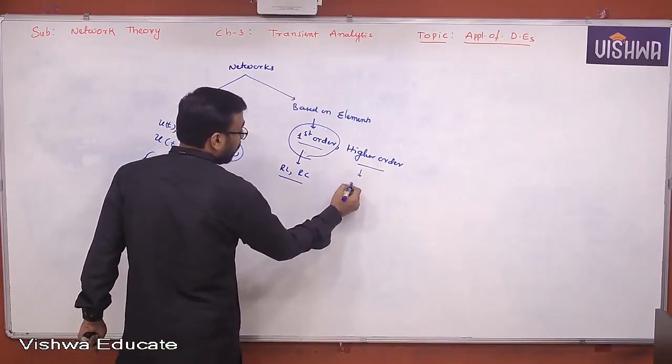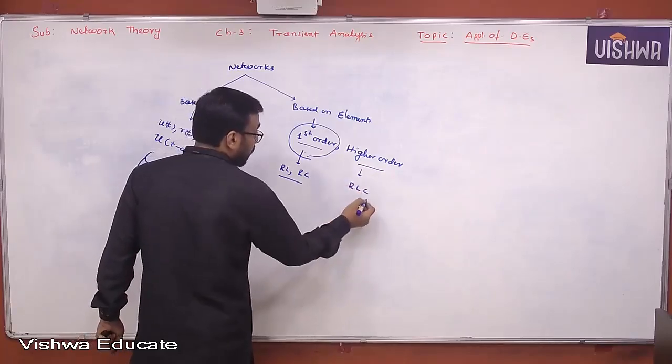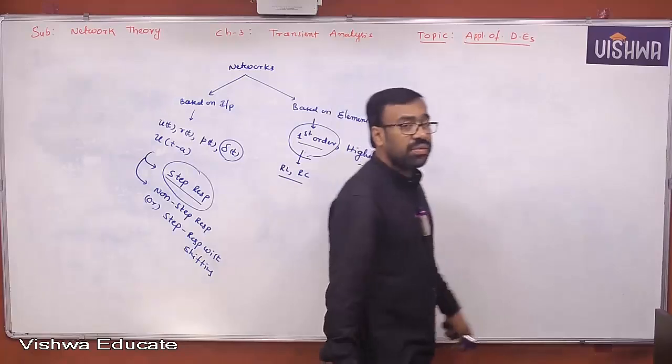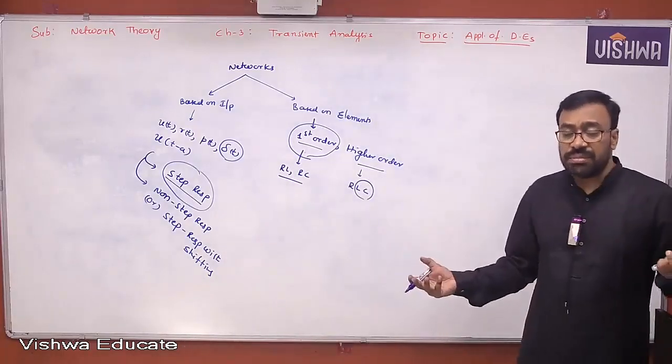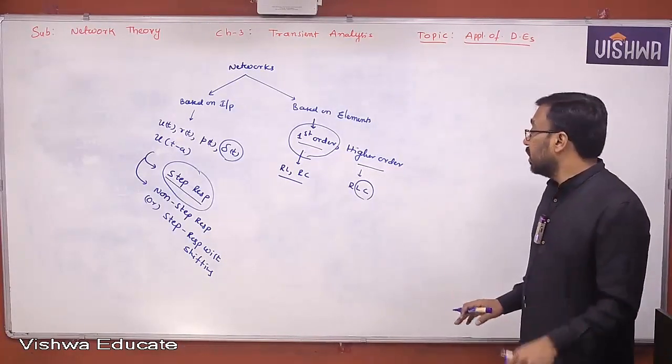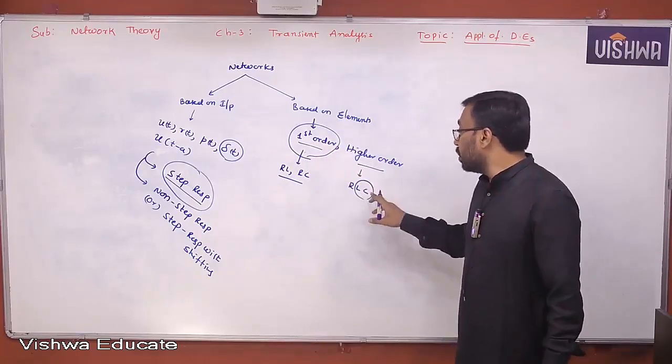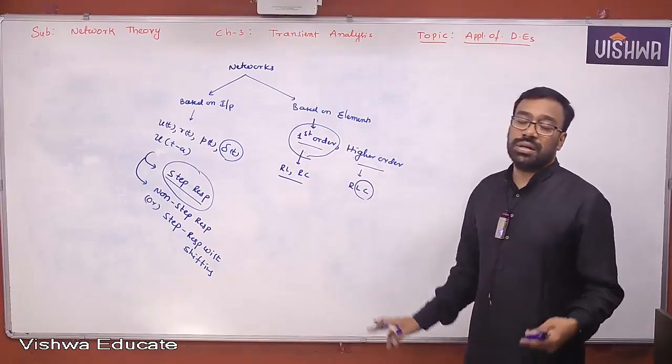Here definitely at least one inductor or one capacitor will be there in the given network. Number of resistors doesn't matter how many are there. But here only one inductor will be there or only one capacitor will be there. If you have both, then that circuit is called a higher order circuit.